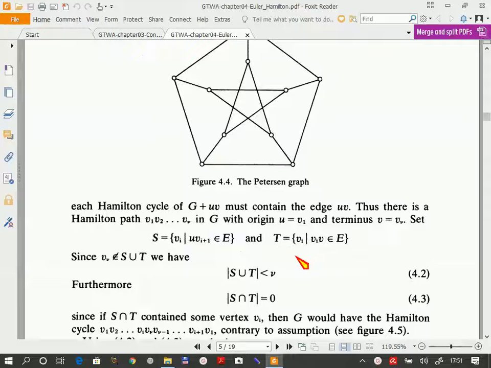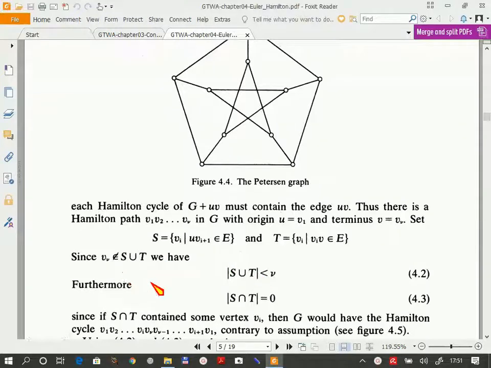And T is the set of vertices which are adjacent to V. Two different ways of constructing the thing. Vi is in S not if it is connected to U, but if the following one in the path is adjacent to U. In T you have that Vi is in T if itself it is adjacent to V.